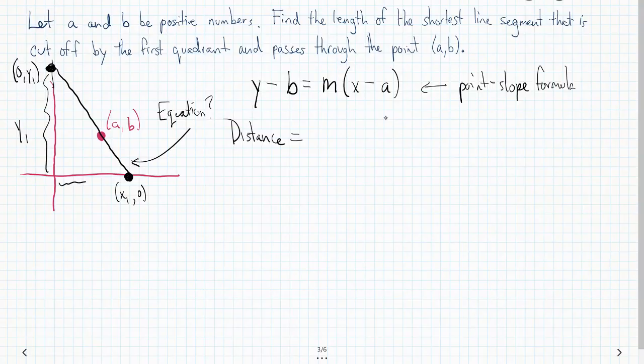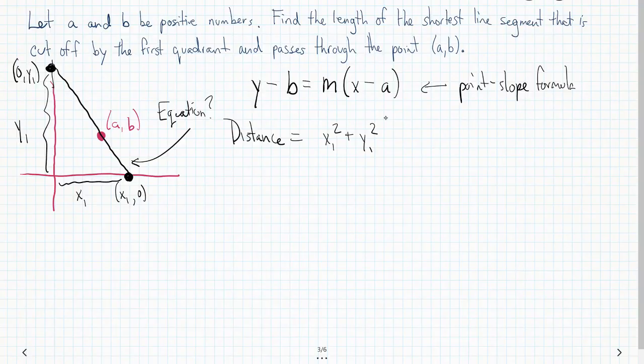This distance is y1. This distance is x1. So what should our formula be? Well, you have the distance squared, because that's the length of our hypotenuse. So the distance squared would equal x1 squared plus y1 squared, right?